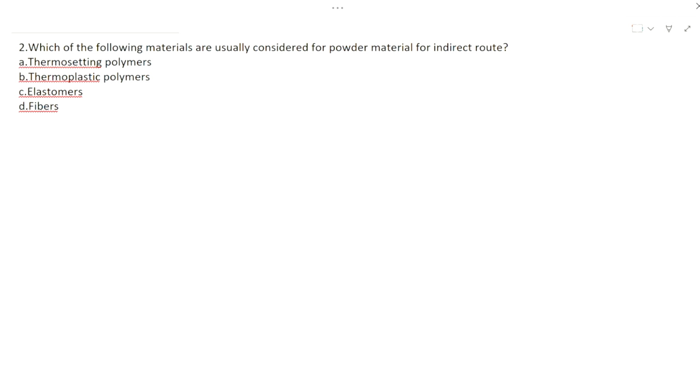This can be repeatedly heated to soften or melt and cooled to solidify as the temperature passes through Tg and Tm. For indirect SLS, we have coated powder particles. The coated powder particles will be of thermoplastic polymers. This may be ABS, acrylic, nylons.